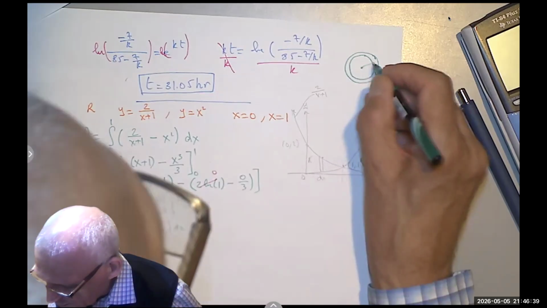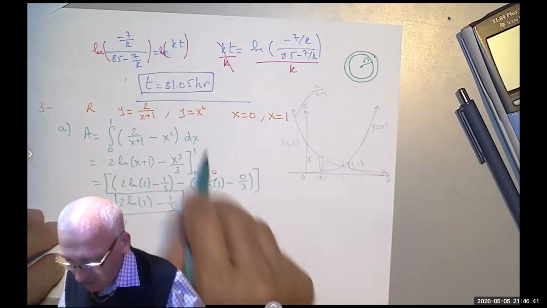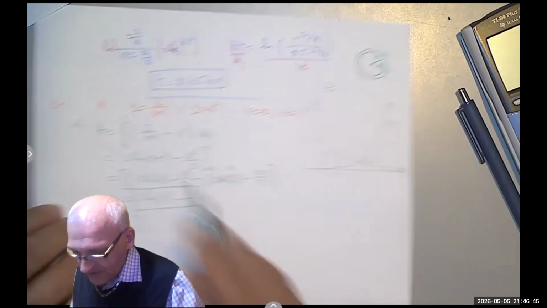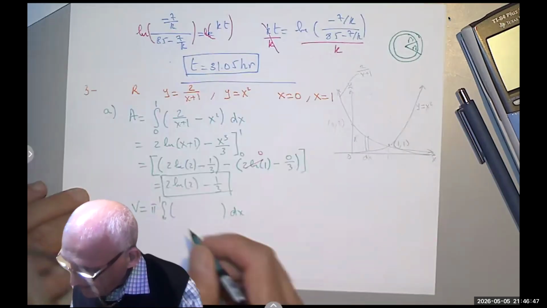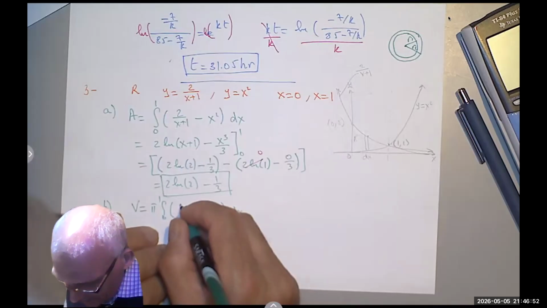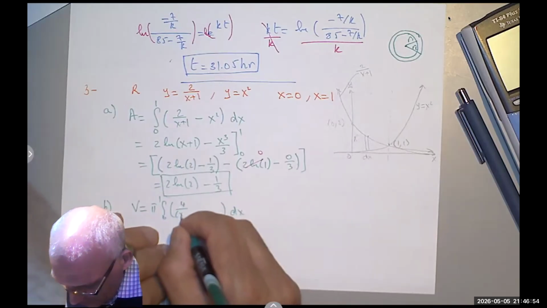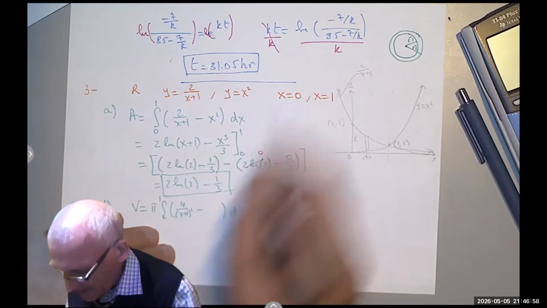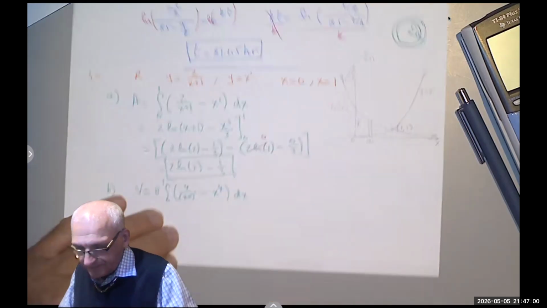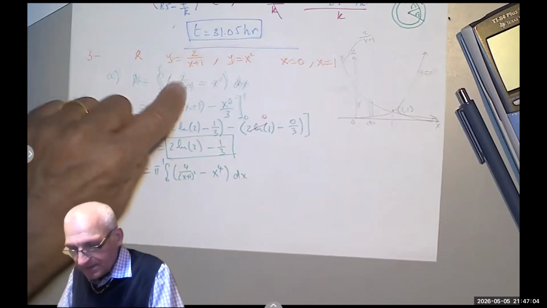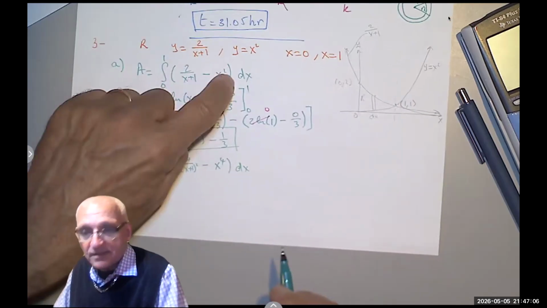So if this is r1, which is x squared, and this is r2, which is 2 over x plus 1, I will get pi. And then this guy would be 4 over x plus 1 square minus x square is x to the 4. Right? I square that. So pi r square minus pi r square.